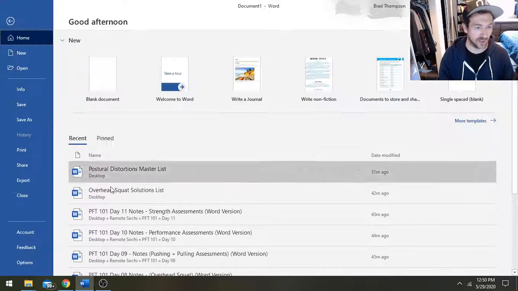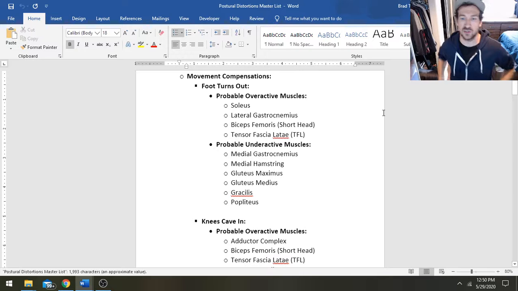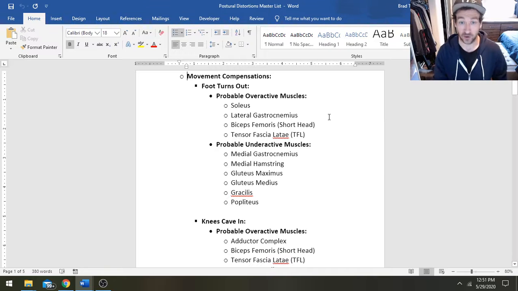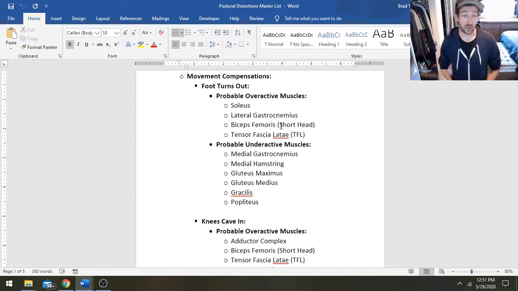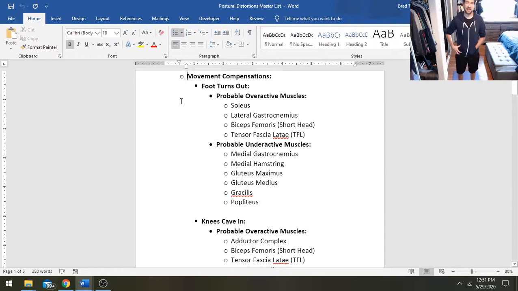The one other thing I wanted to go over was looking at our postural distortions in a master list. I'm not going to re-go through every single one of these muscles. I know that we've already done that in class, and that could make this a little dry and boring. But if we look at our basic movement compensations, the most common ones you're going to see from the anterior view of the overhead squat are feet turning out, which is basically overactive calf muscles and internal rotators of the hip.